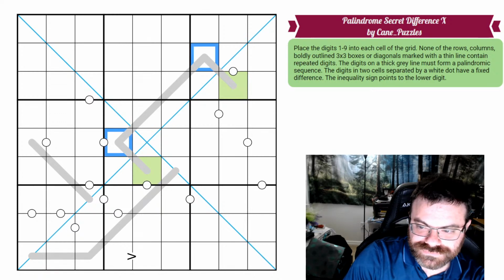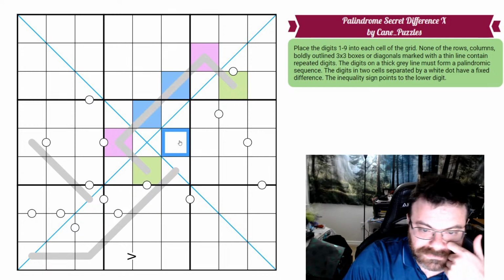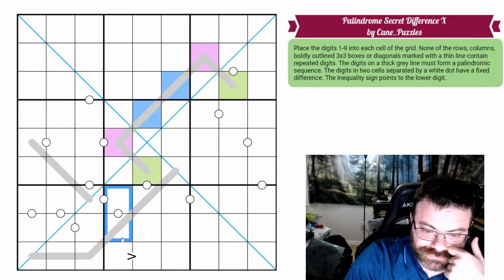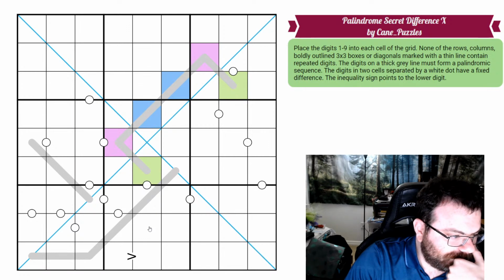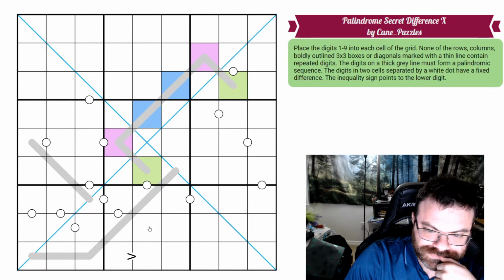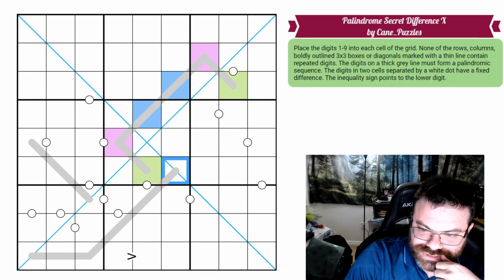We know this is a different digit. We know this is a different digit. This is a 4th digit.